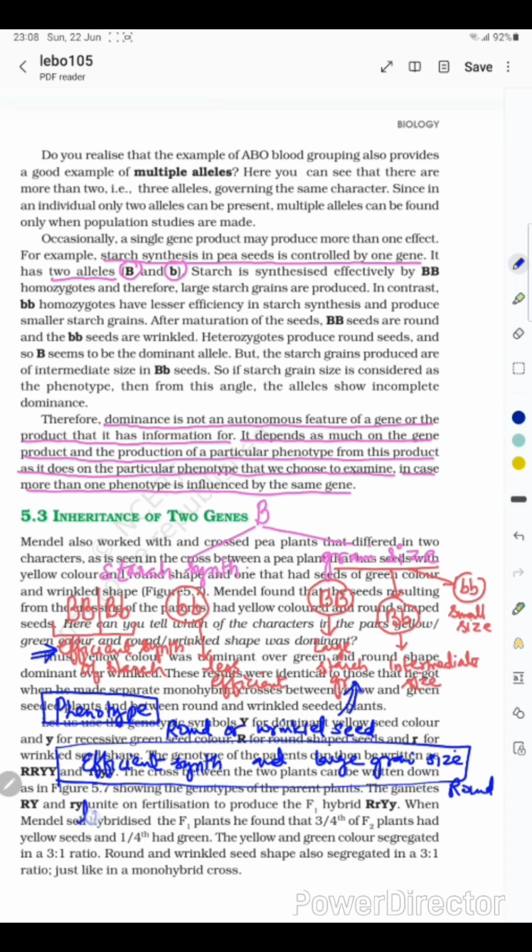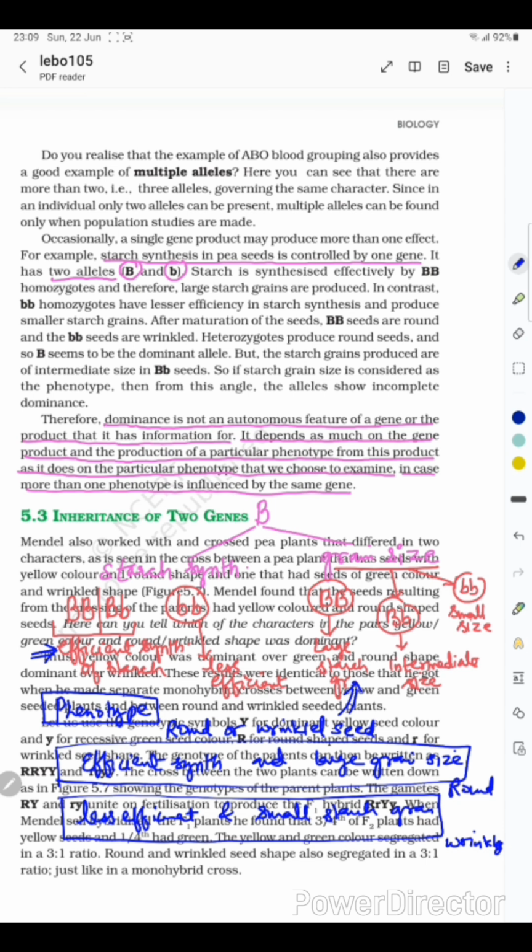And when there is less efficient synthesis and small starch grain, the phenotype is wrinkled seed.